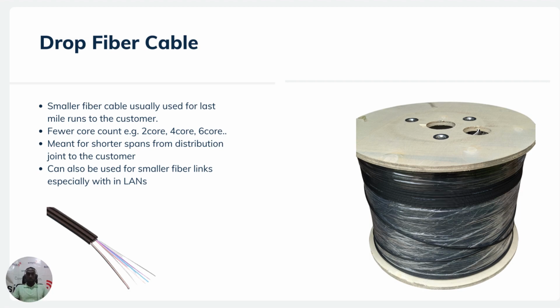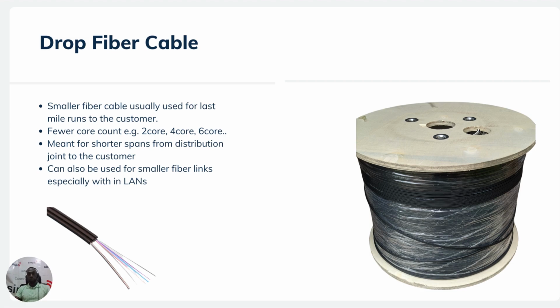So you typically have a construction of tubes within the sheath of the cable, and each of those tubes has got varying number of fiber cores or fiber strands, depending on how many cores a particular fiber cable is.